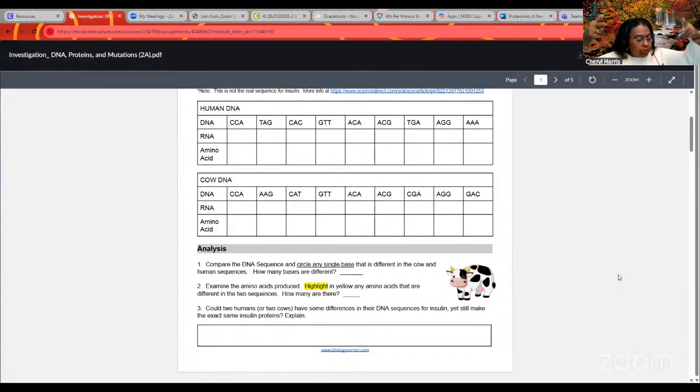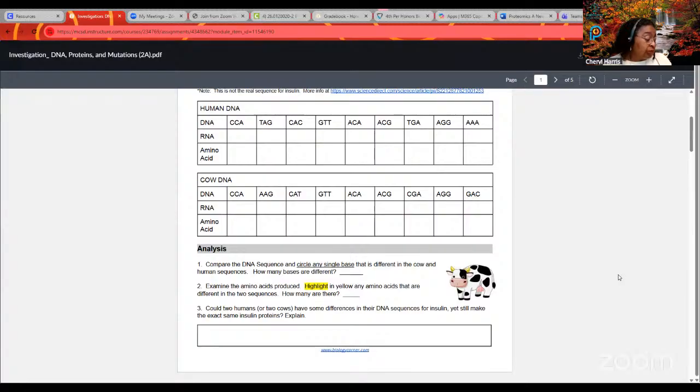So we look on both rows. And how many times did I tell you to circle? You should only circle the ones that are different.